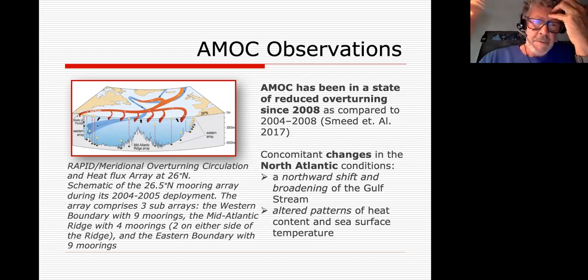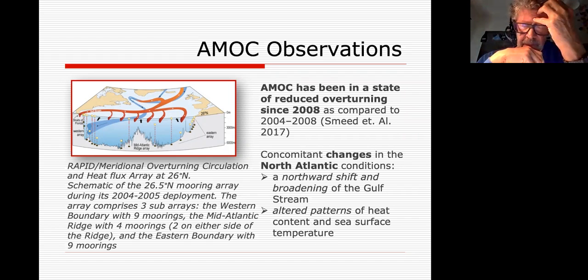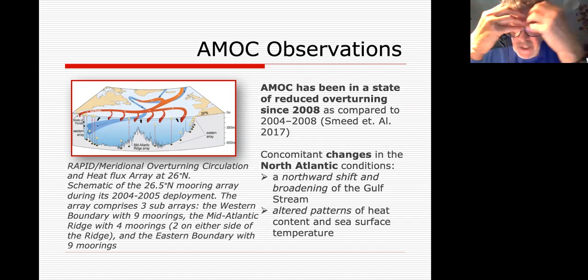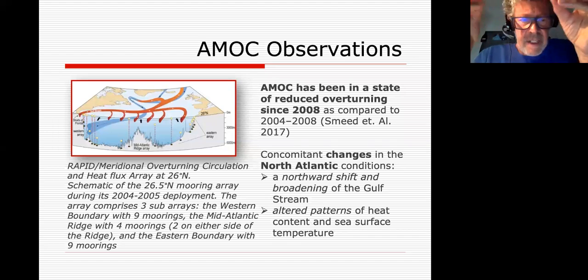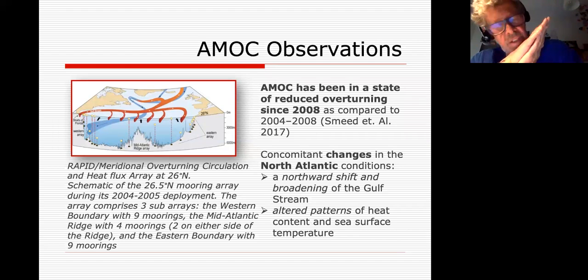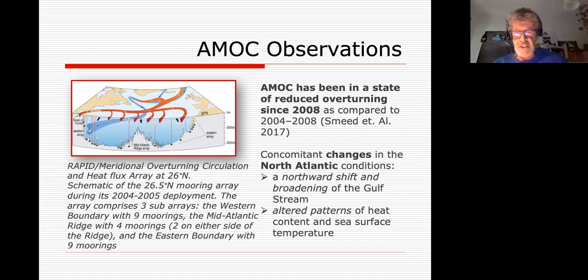The broadening could be quite, I don't say obvious, but a reasonable effect, since if you have less energy, the current is less strong, and the adjustment effect due to Coriolis force is reduced. And this brings to a modification of heat content and sea surface temperature due to this kind of concomitant changes.